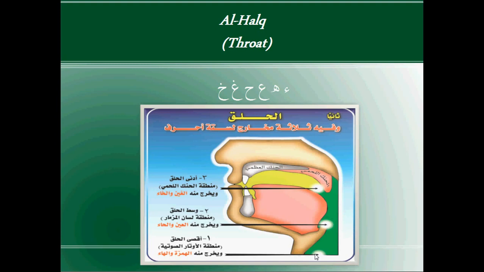Ayn, you put a little bit more pressure in the throat, and ha, you use more air than this one. And then ghayn and kha, the back of the tongue rises slightly but does not touch the top of the mouth, and you can actually feel the back of the tongue going up and sort of vibrating where this letter is coming from.